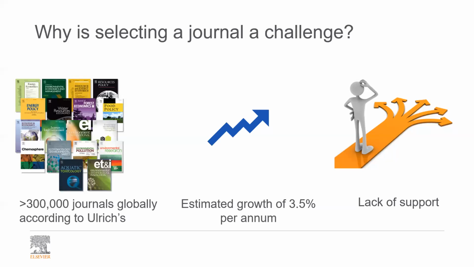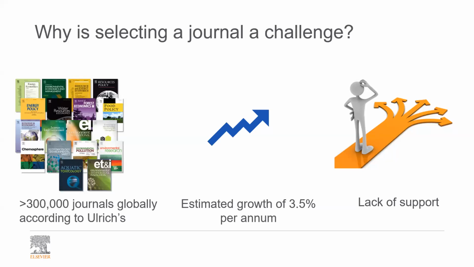Only about 45,000 of them are peer-reviewed journals, but that is still a lot of journals. It makes it very difficult to choose if there is such a big selection available. On top of that, we see an estimated growth of about 3.5% per year.